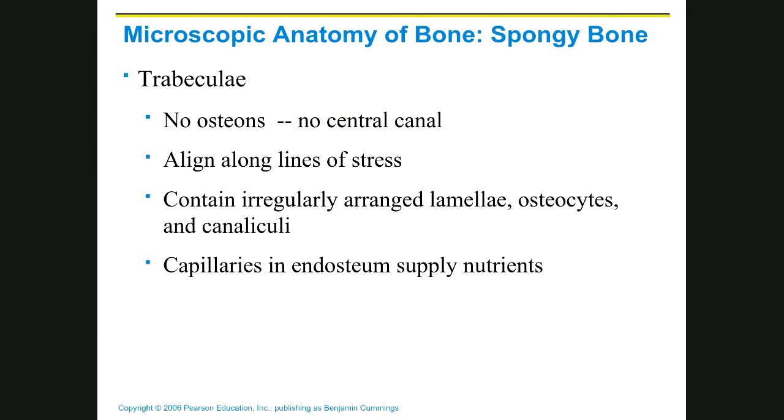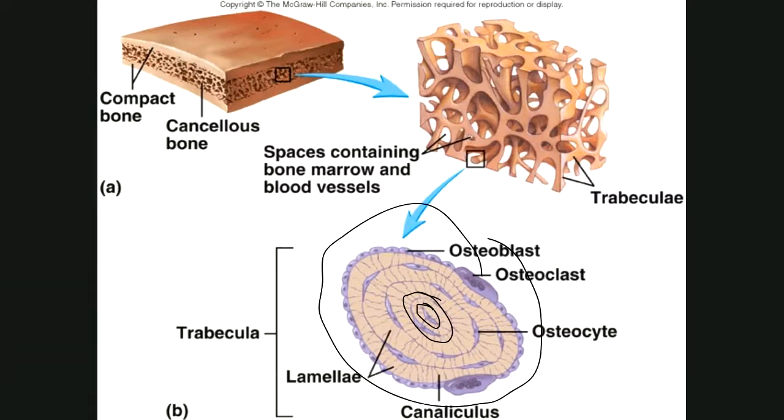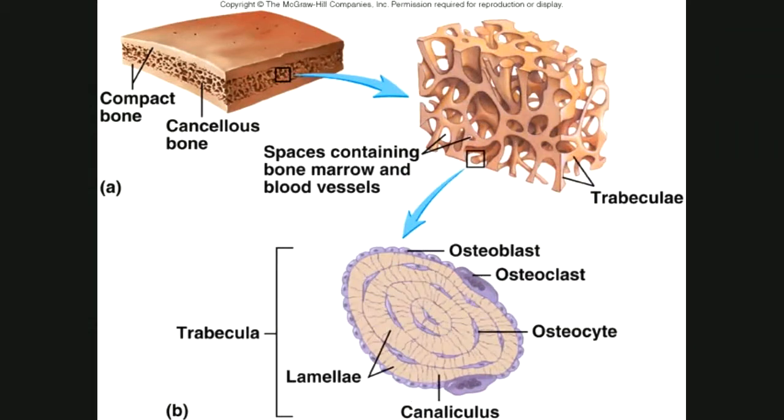There are no osteons because there are no central canals. When you look at them, though, they still have those other parts. They still have lamellae. There's the lamellae. They still have osteocytes and lacunae. They still have canaliculi. And there's our endosteum right there around it.